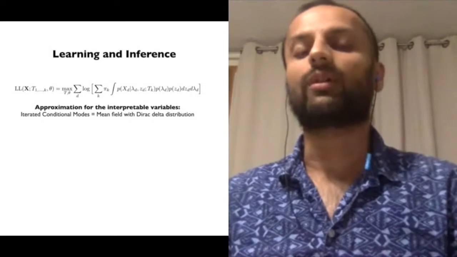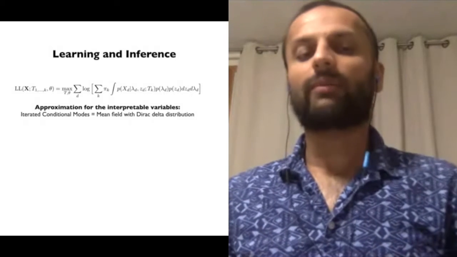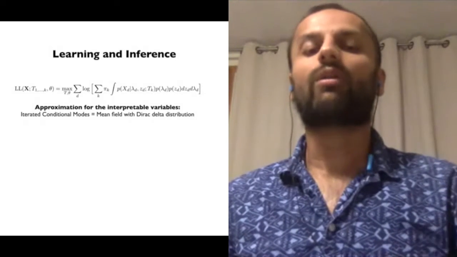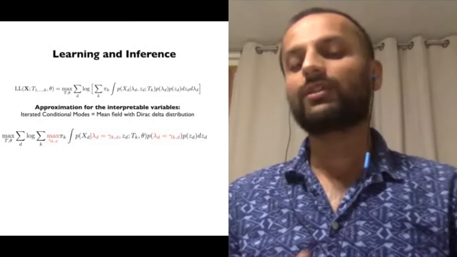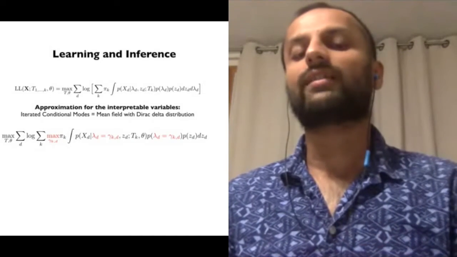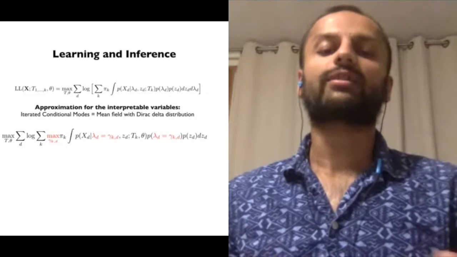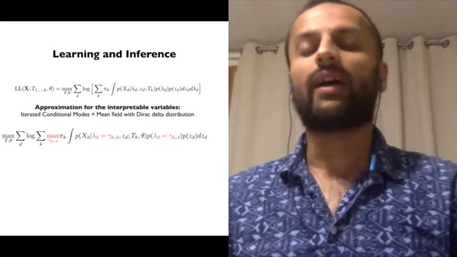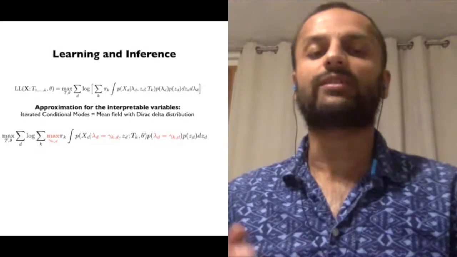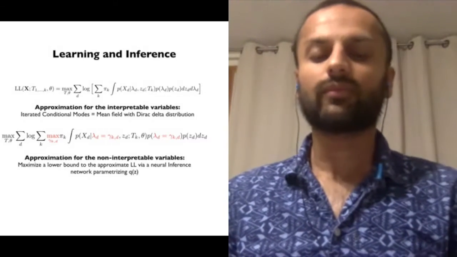for non-interpretable. For the interpretable latent variables, we define a lower bound via iterated conditional modes, which converts the problem of marginalization over lambda to maximization over the variational parameters. And this maximization can be performed by stochastic gradient methods.